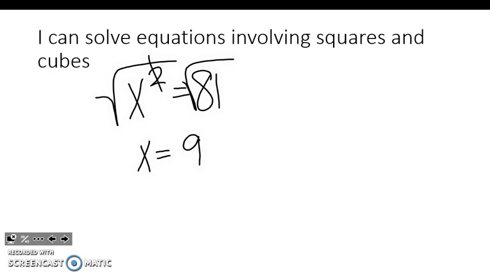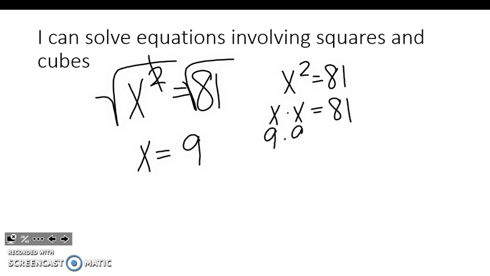Now here's where things get a little bit different, so listen carefully. When they ask us x squared equals 81, they want to know all the possible values that x could be, that if I took the base, which is the x, times itself would equal 81. We already know that 9 times 9 will give us a positive 81, because two positives multiplied together equal a positive. Now here's where things get tricky. There's another situation where two numbers multiplied together will get you a positive answer.